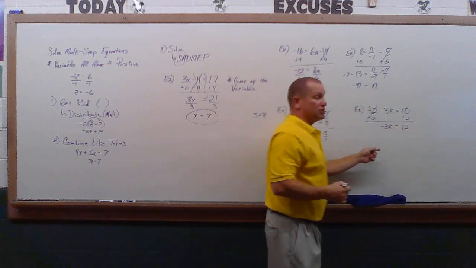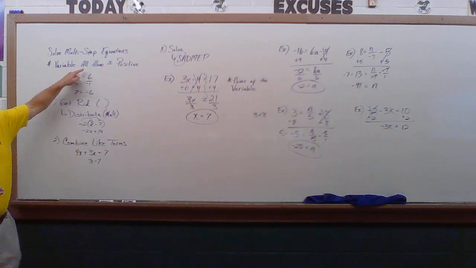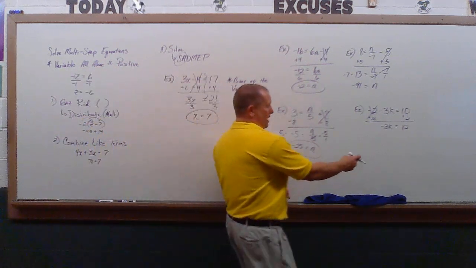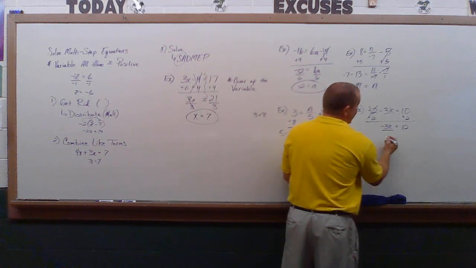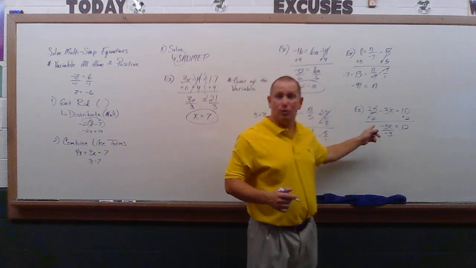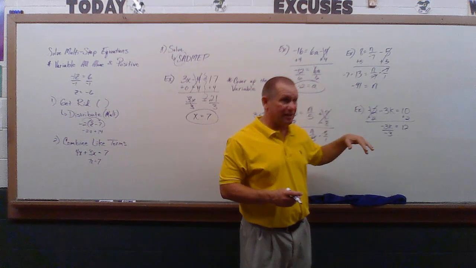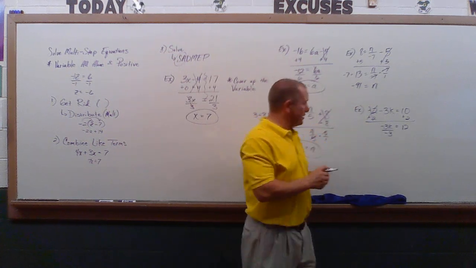So when I would solve for my k here, remember, my goal is that my variable is all alone and positive. So what am I going to divide here by? Negative 3, right? Because I want to make this into a positive, and how do I make a negative into a positive? Divide it by another negative. 2 negatives will make it into a positive. So that's really what you got to be aware of.